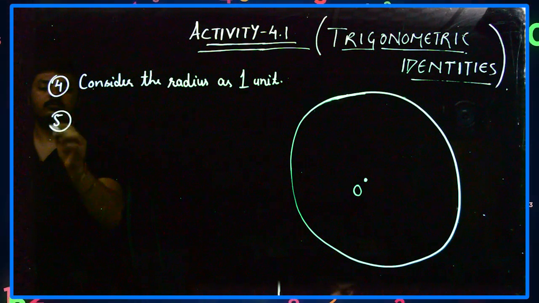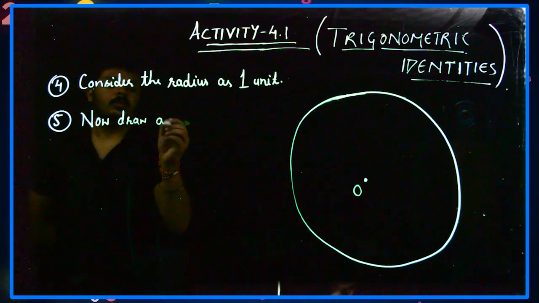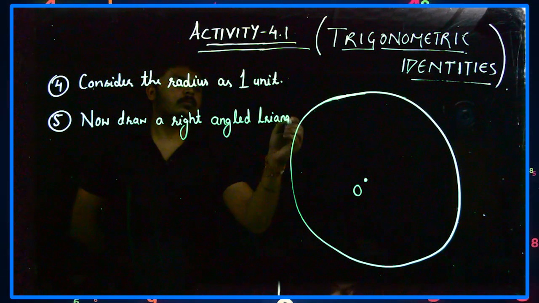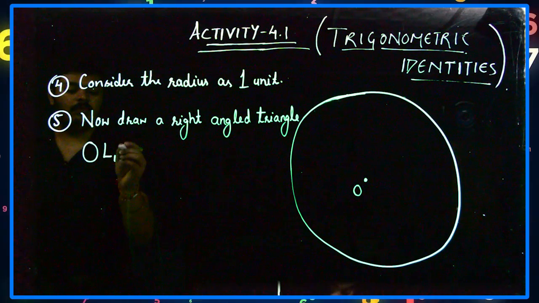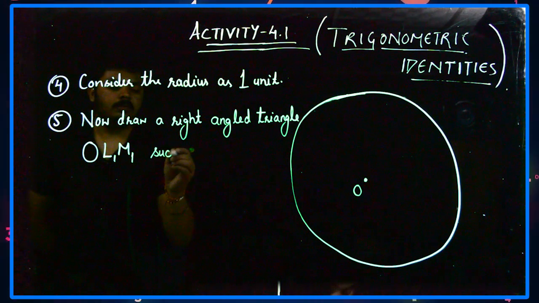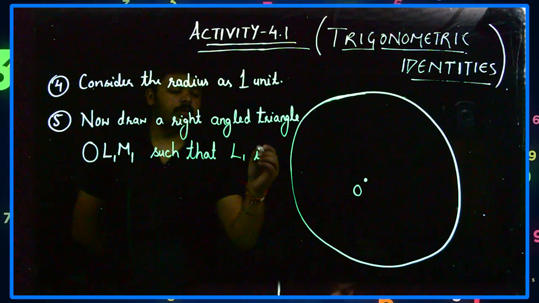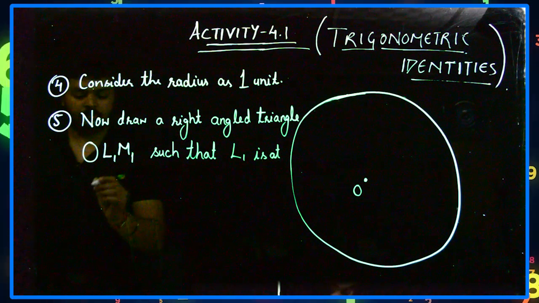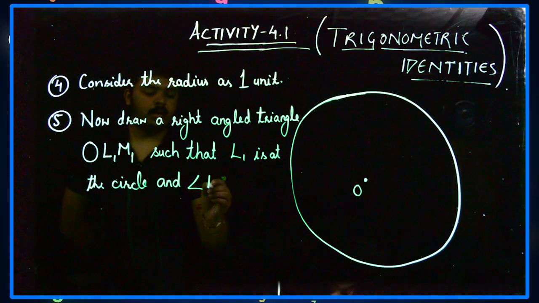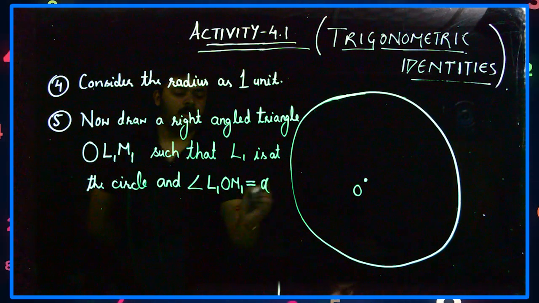Step 5: Now draw a right angle triangle O L1 M1 such that L1 is at the circle and angle L1 O M1 is equal to alpha.